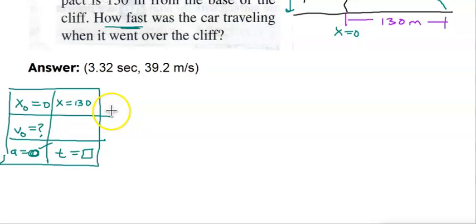So you're looking for v naught, and you might think, I'm going to use the position function. Let's set that up and see what happens. x equals x naught plus v naught t, because you know this whole row. That's a clue to use the position function, and a equals 0, so that term is going to go away.